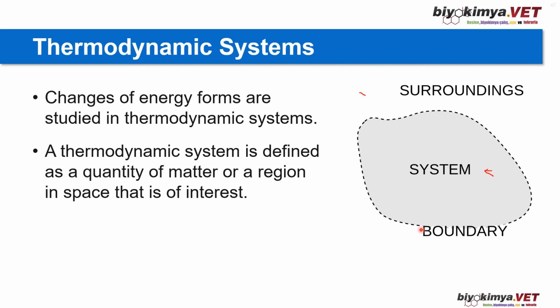So there's a boundary which separates the system from the surroundings. The mass or region outside the system is called the surroundings. In other words, the surroundings are everything that interacts with the system. And the surface that separates the system and the surroundings is called the boundary.